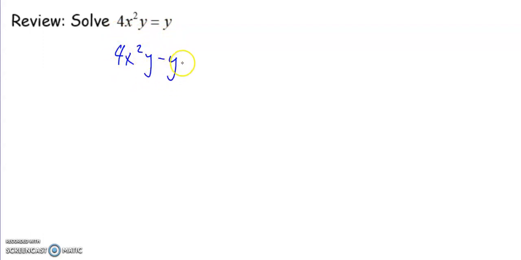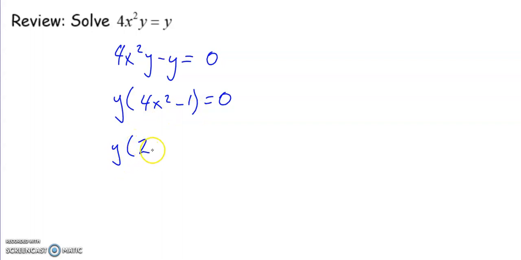So I am going to subtract y from both sides of my equation so it equals 0. Then I am going to factor out a greatest common factor, and that's going to leave me 4x squared minus 1. That equals 0. This is the difference of squares, so it factors to 2x minus 1 and 2x plus 1.